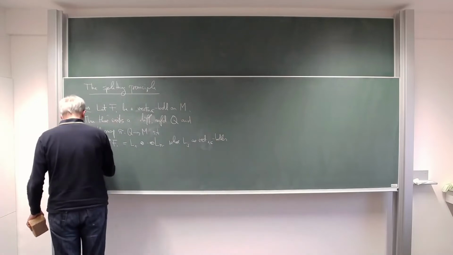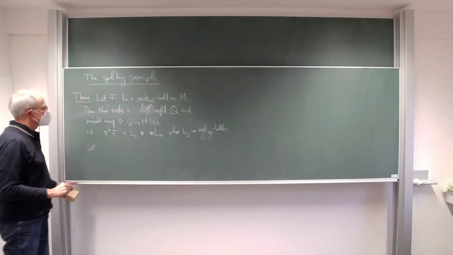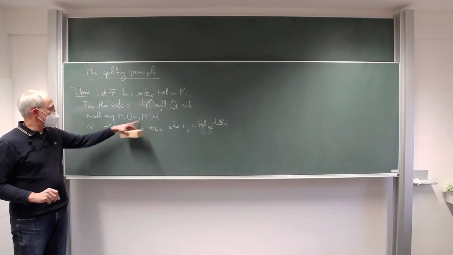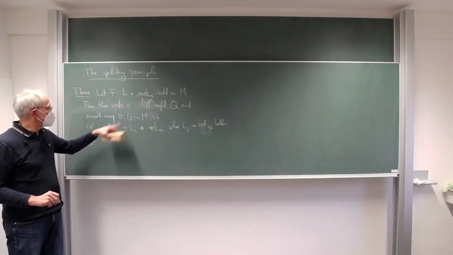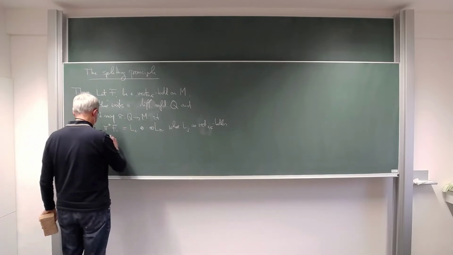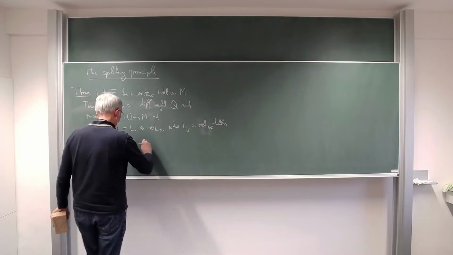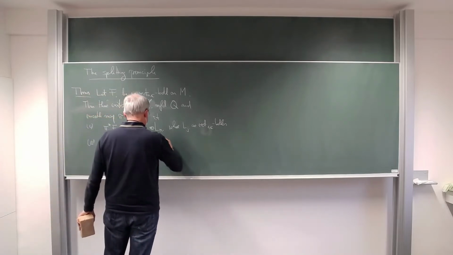And secondly, the cohomology of M embeds into the cohomology of Q under pi. So the map pi from the cohomology of M to the cohomology of Q is injective.